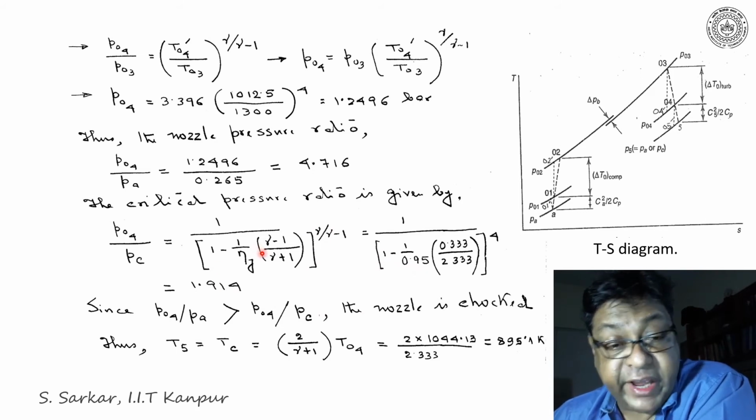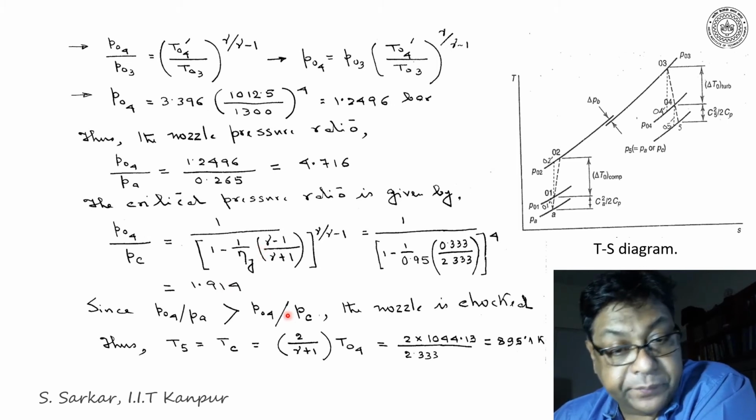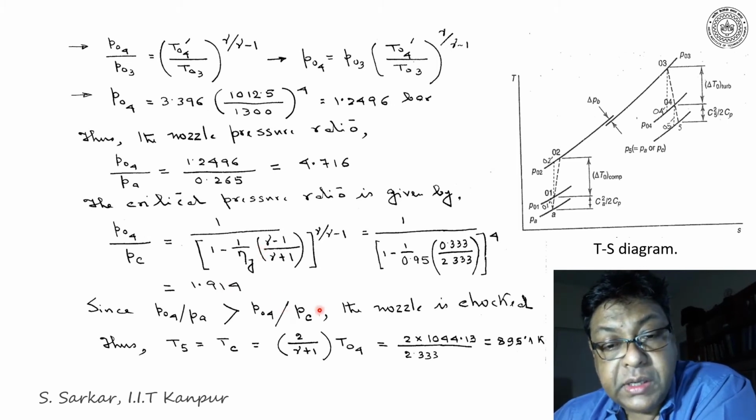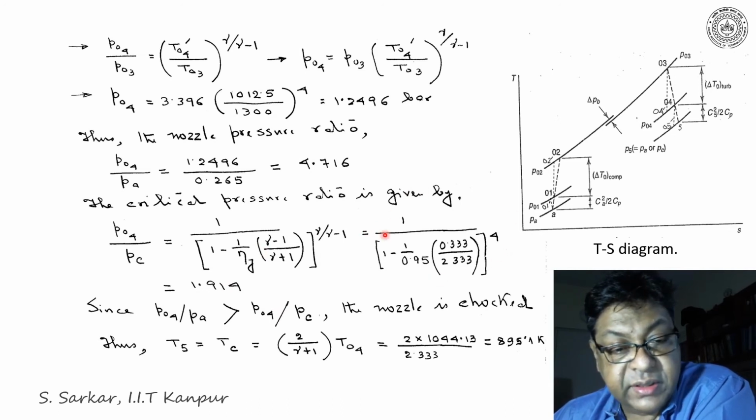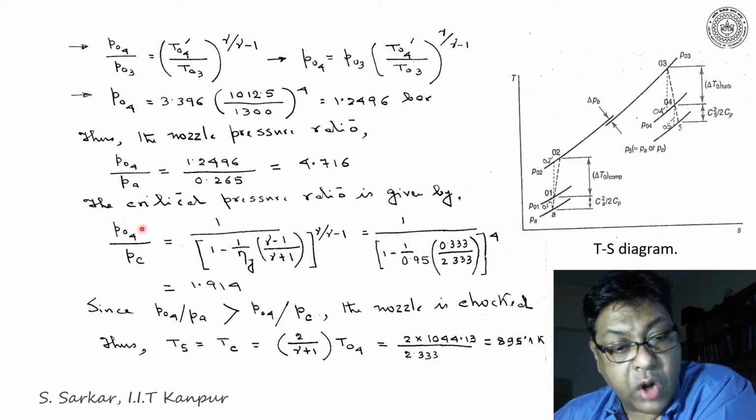Put the value of gamma here, that is equal to 1.333. Now I have put all the values with eta j as 0.95. I have got P04 by PC is equal to 1.914.